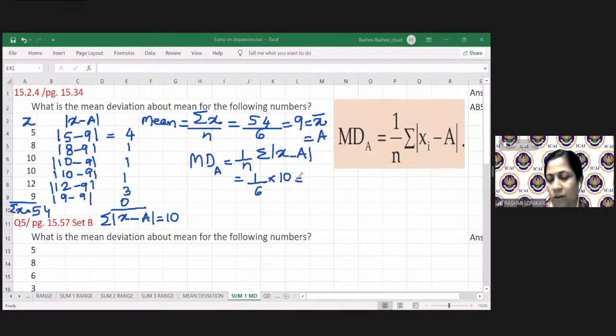So can I find out 10 divided by 6? Answer is 1.67. Okay. So this is my answer. So I will have this to be mean deviation about the mean.